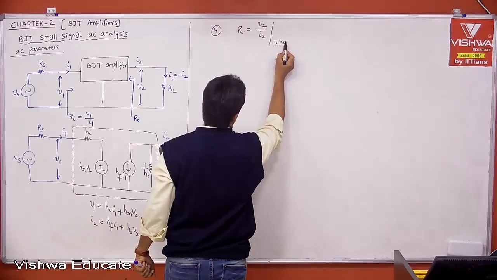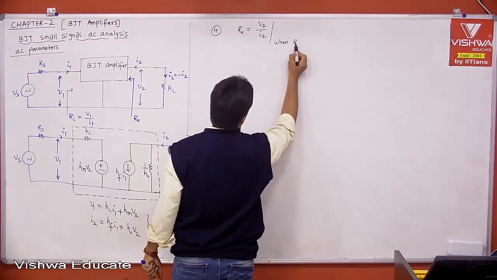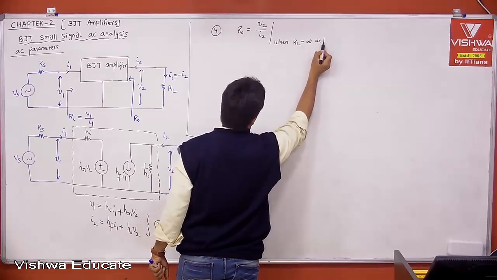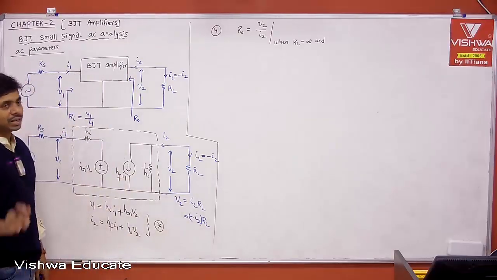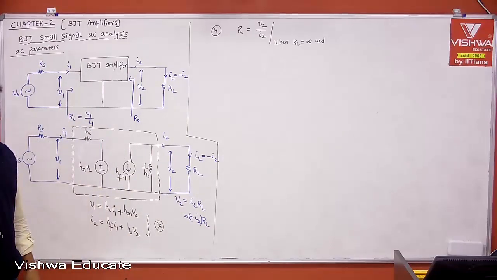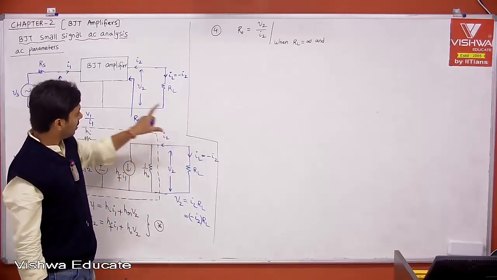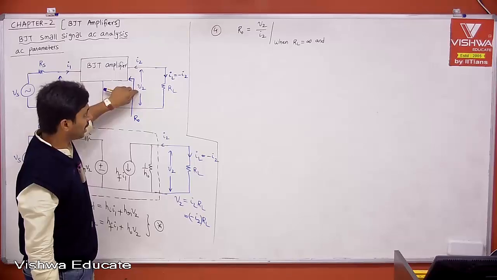When the load is excluded, RL is infinity. So RL should be excluded, then apply the voltage V2, then get the current I2 because of V2.